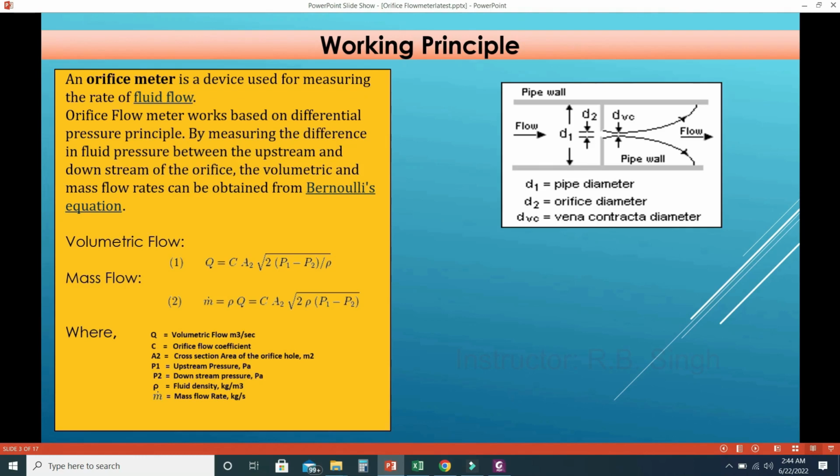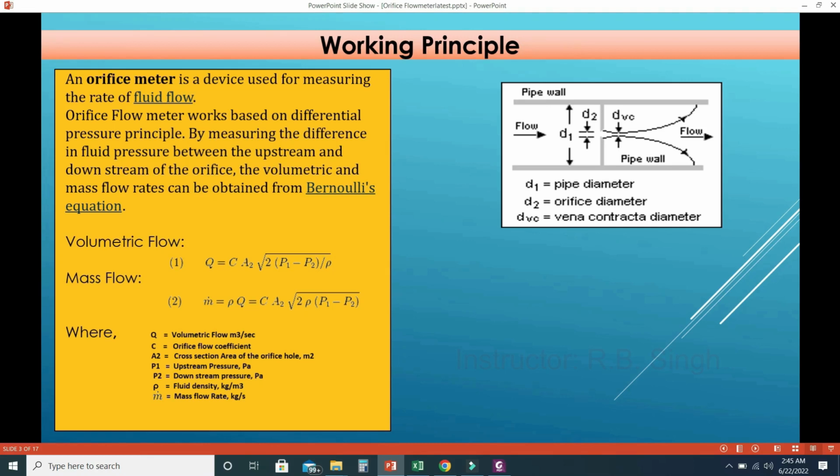Based on Bernoulli's theorem, we can find the volumetric flow equation, which is Q = C × A2 × √(2(P1 − P2)/ρ). That means flow is directly proportional to the square root of differential pressure.